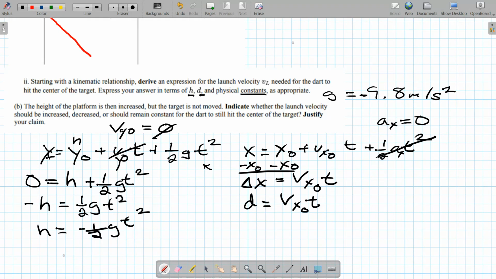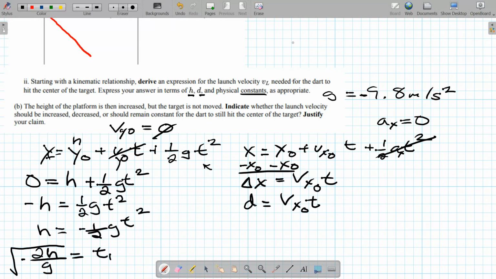And then I'm going to multiply both sides by 2, so I get 2h. And then I'm going to divide by g. And then this square root is equal to t. That's t1.